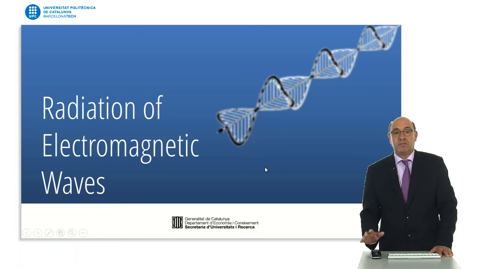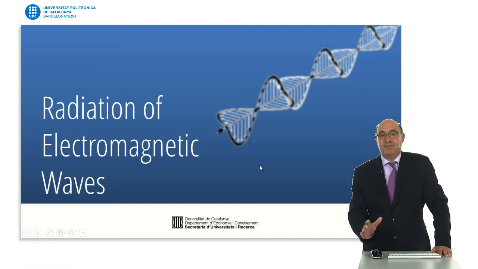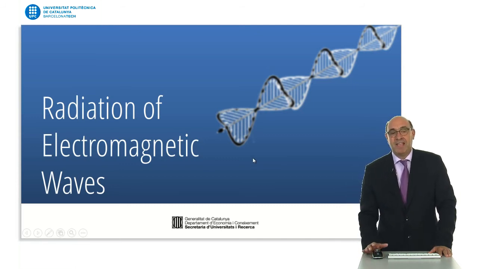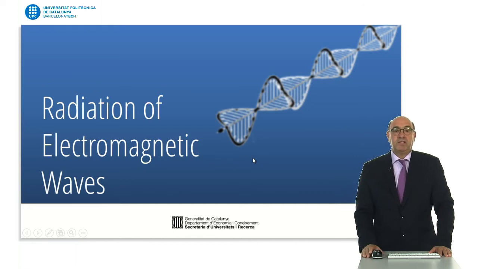Light is also one wave of this kind. It's a very important one because we can see it with our eyes without any further help of gadgets or receivers. We will establish some of the basic aspects of those waves and see how they are generated and the way they propagate in space.